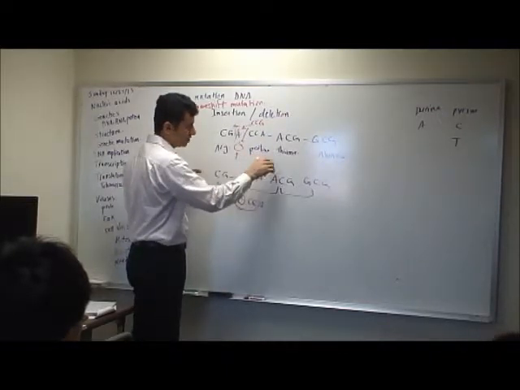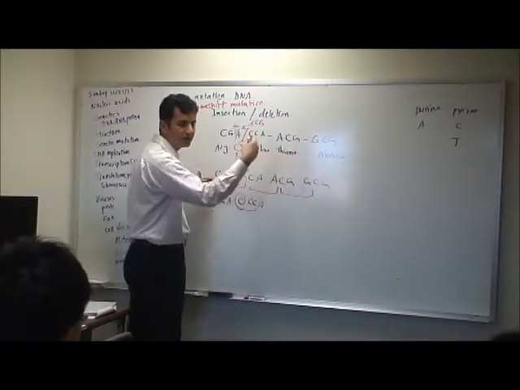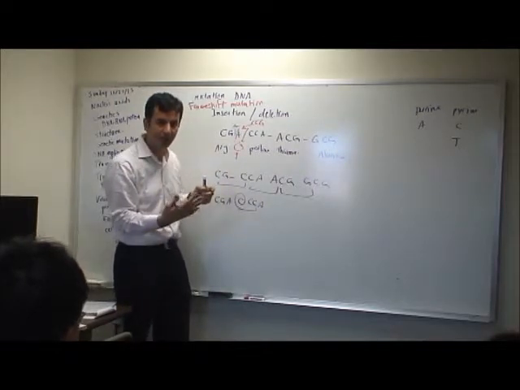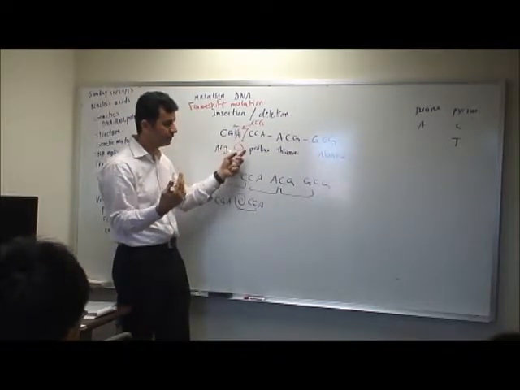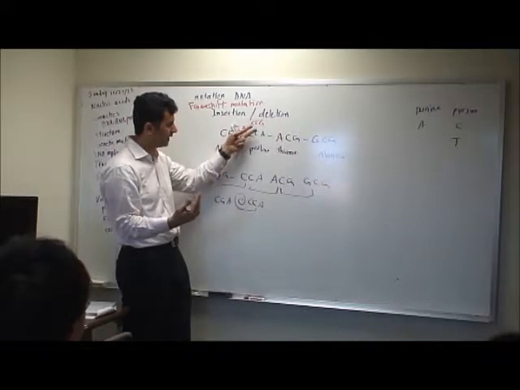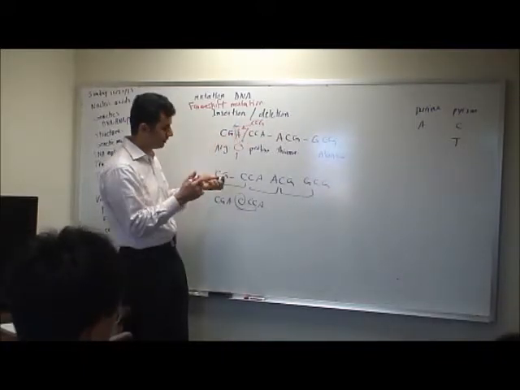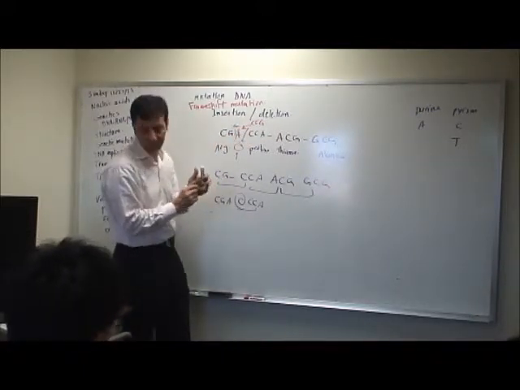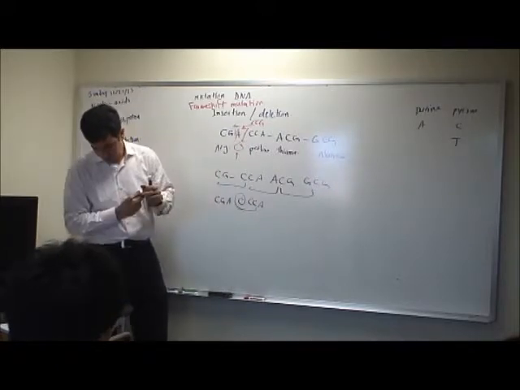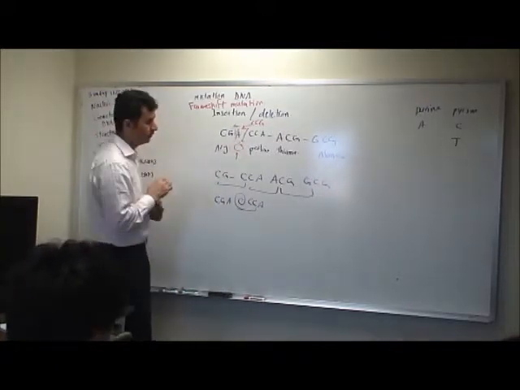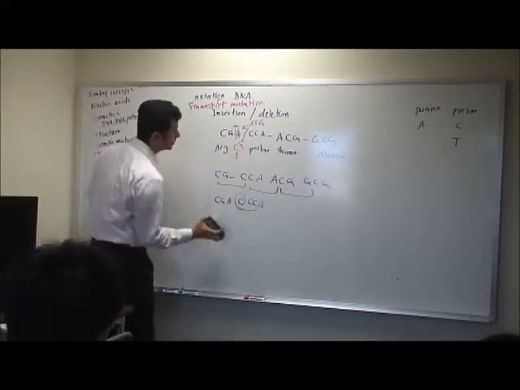It doesn't change one amino acid to a different amino acid. You get the point. So a multiple of 3 insertion of base pairs would not be classified as a frame shift insertion. Are you okay with this? So make sure to know this.